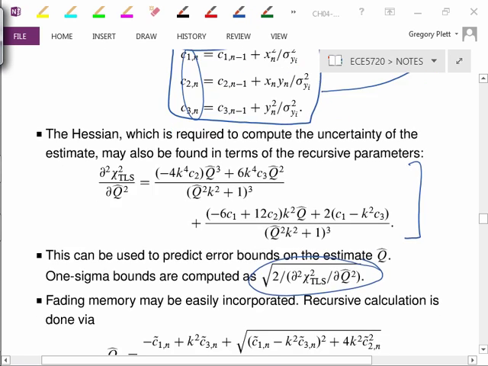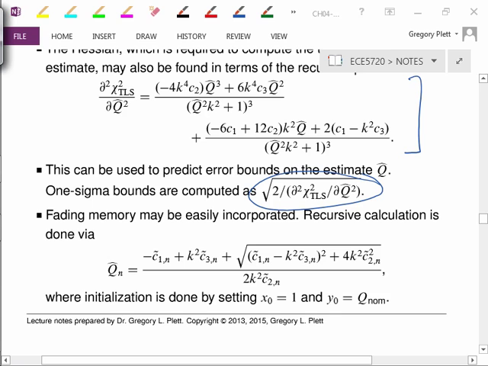We can also add fading memory in the same way that we did before, and go through all of the math. I'll leave it out. It's very, very tedious, similar math to what we've just done. And we get the same basic result, except instead of a C1, I have C1 tilde, same with C2 and C3 in the different places in the equation.